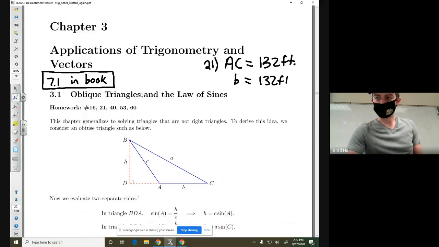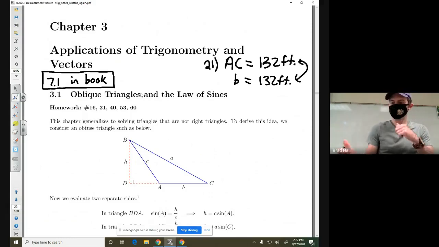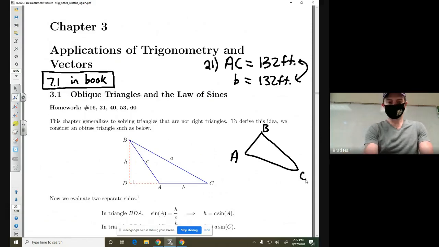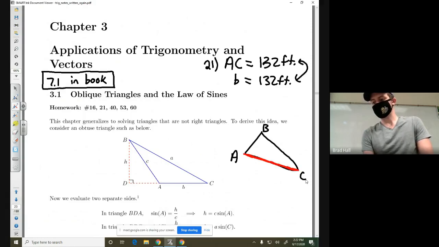It's the same thing. The reason why is if you draw some triangle, there's A, there's B, and there's C. AC is referring to the segment here. But guess what that segment's across from? B. So that's what it means. So no more mystery.